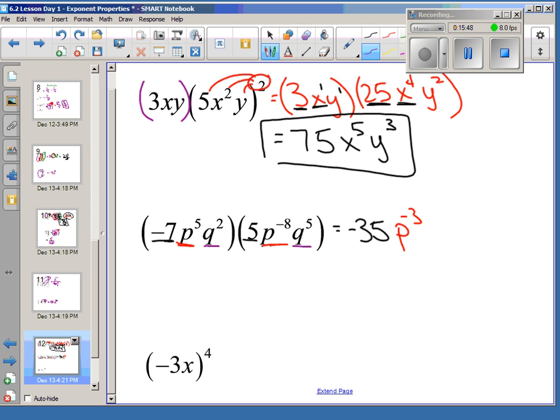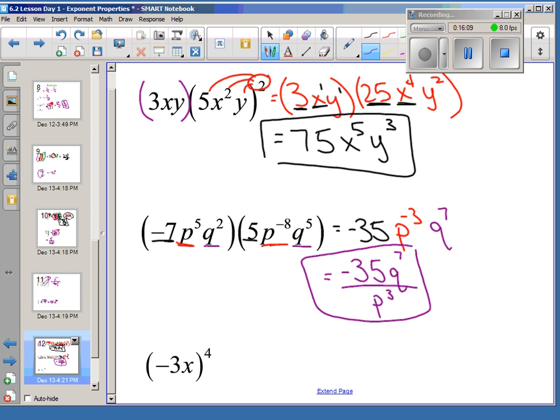Because we're multiplying, we add the exponents. So 2 plus 5 gives us q to the 7th. And we have negative exponents in our answer, so let's simplify this. Negative 35 stays there. q to the 7th can stay on the top, and then this p to the negative 3 becomes p cubed in our denominator.